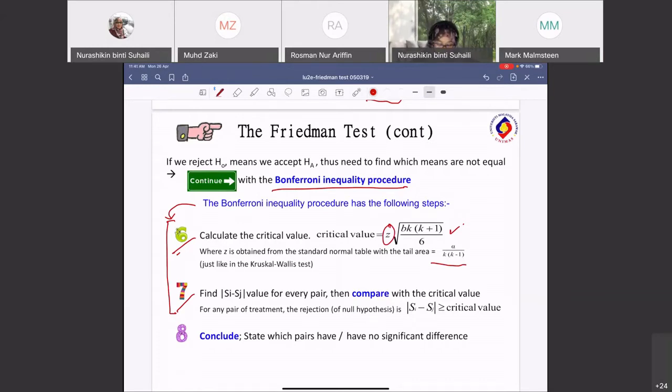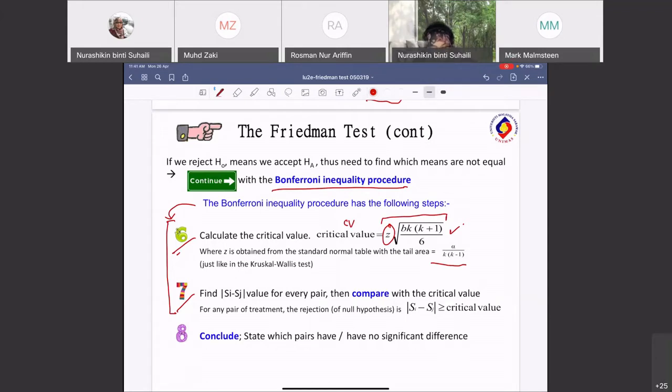So CV is equal to the whole thing here, which means the z is included in the formula. Last time we found the z value for Kruskal's, and we defined z as the critical value. But in this one, the CV is equal to z times this expression, and z is included in the term.